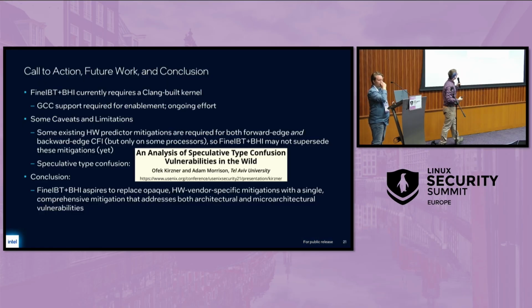The one aspect that we're working on right now is that currently FineIBT, and therefore FineIBT BHI, depend on KCFI, which is that software-based CFI solution that is hardware vendor agnostic. KCFI has been implemented for some time in the Clang toolchain, but has not yet been upstreamed into GCC.